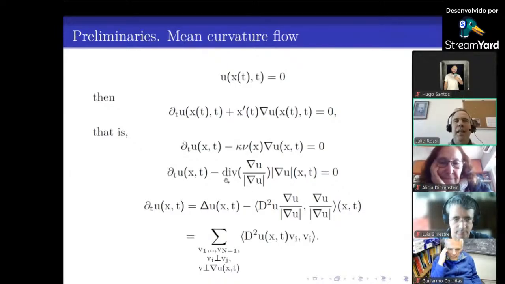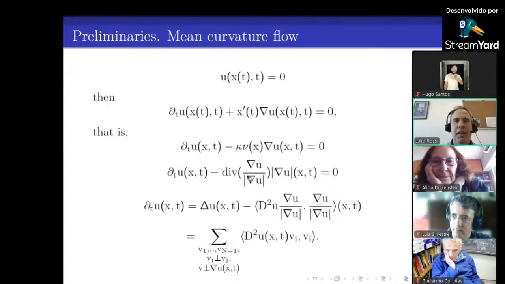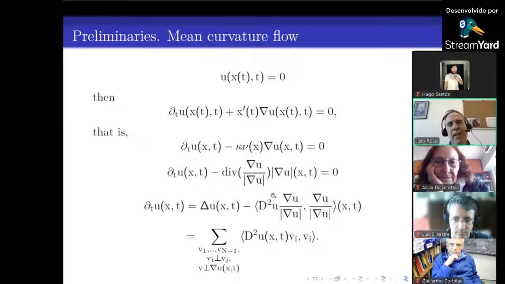Now you expand the derivatives, expand the divergence, and the divergence of the gradient gives you the Laplacian of u, and you obtain another term that comes from the derivatives of the other part of the divergence, and you get this one with a minus sign. So the equation says that the time derivative of u equals the Laplacian of u minus one of the second derivatives. And this one is the second derivative in the normal direction.